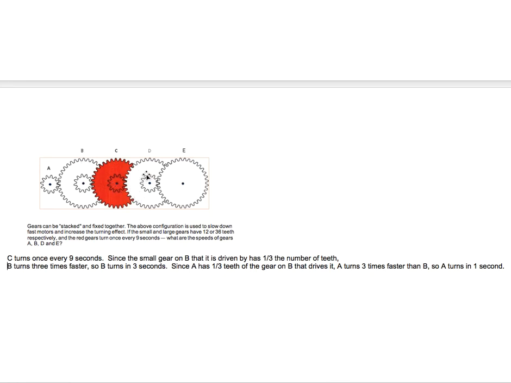So that's going to be once every 27 seconds. So this goes round once every 27 seconds. And this being 3 times bigger than this, 3 times as many teeth, this will rotate 3 times slower. So 3 27s, 81.